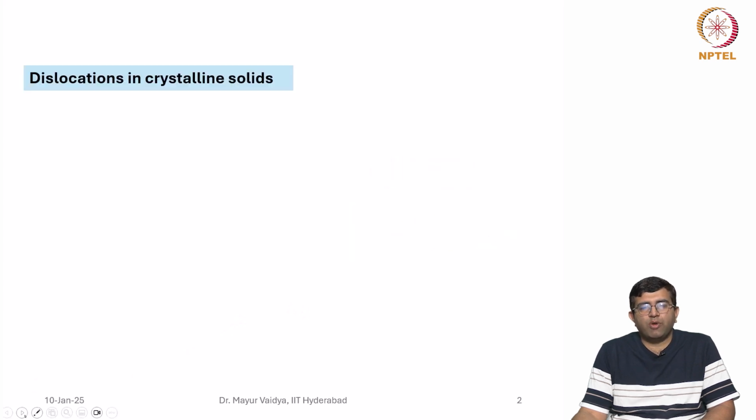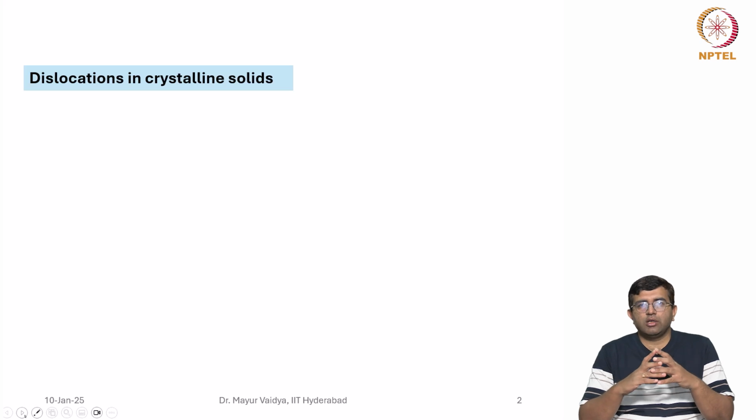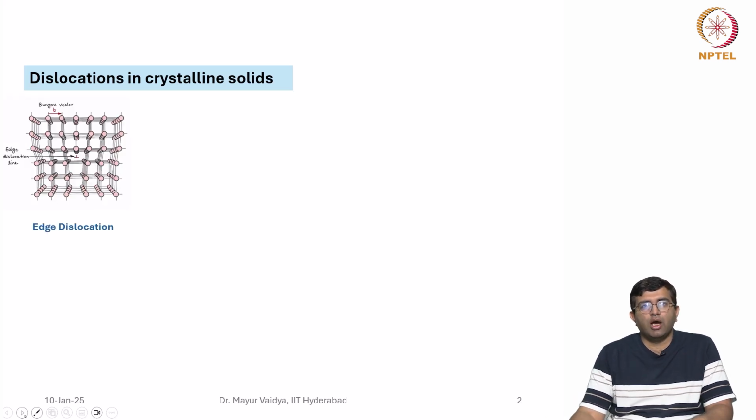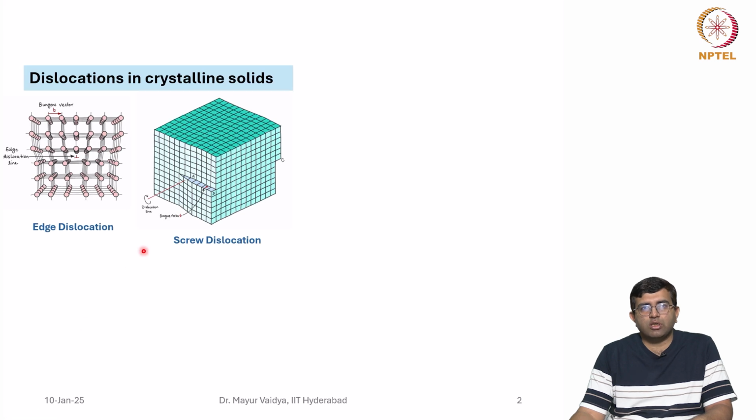Now, initially we did some revision about the structure and defects in crystalline solids, and there we already talked about what dislocations are. Just to refresh, we talked about edge dislocations, where the Burgers vector is perpendicular to the dislocation line, and the screw dislocation, where the Burgers vector and the dislocation line are parallel.